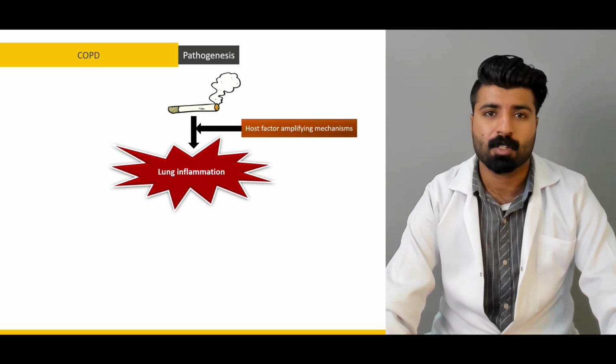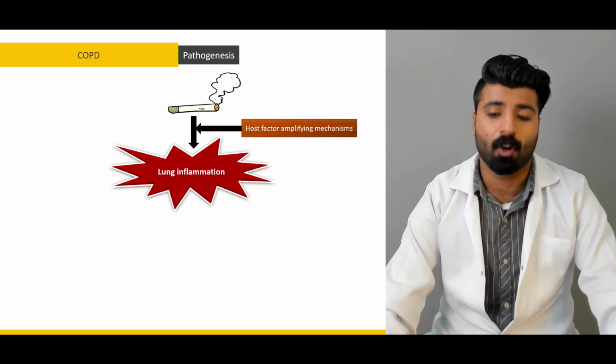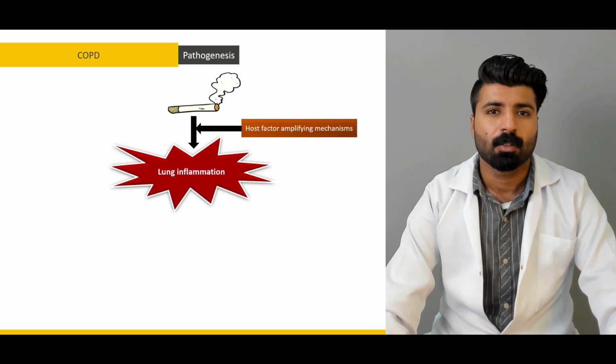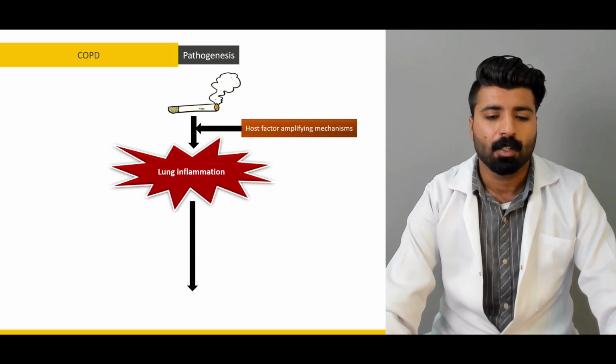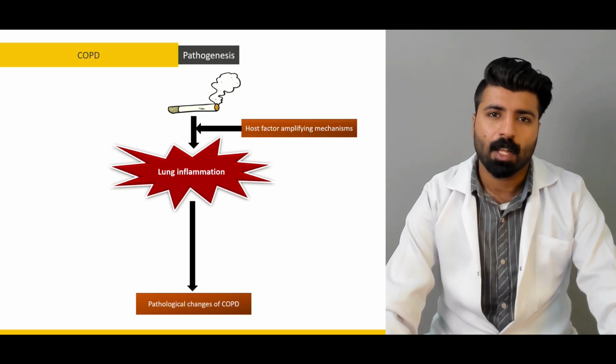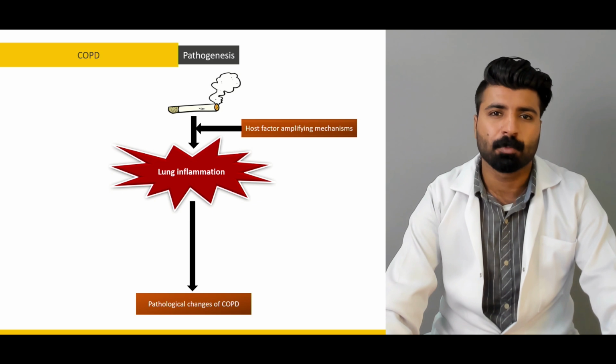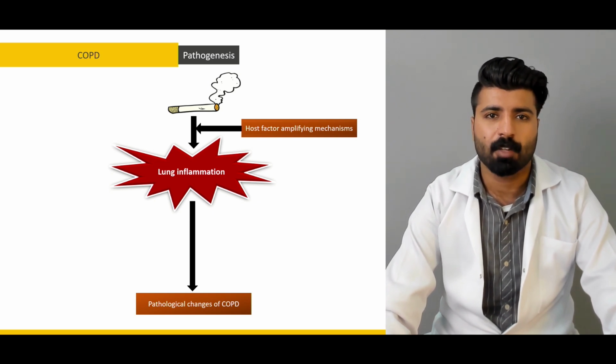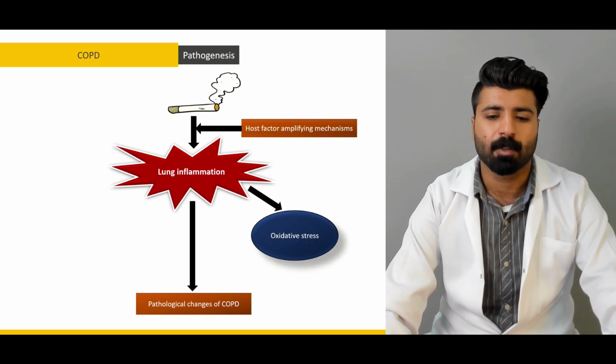We discussed how smoke can affect the whole body and how it will lead to the inflammation of the lung. All of that process will happen, and this will lead to pathological changes of COPD that we already talked about. That narrowing will happen, smooth muscle will tighten up, and all of elasticity will be lost. There will be hyperinflation. All of that will happen.